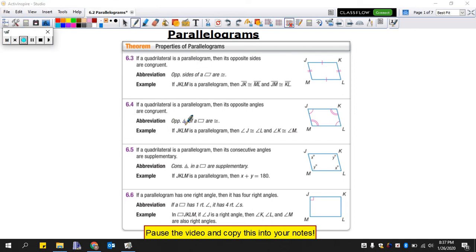Alright, this is the second lesson in our unit on polygons, and in this lesson we're going to talk about parallelograms. In the previous lesson, we talked about the angles of polygons, and now we're going to start talking about specific polygons and specific classifications of polygons.